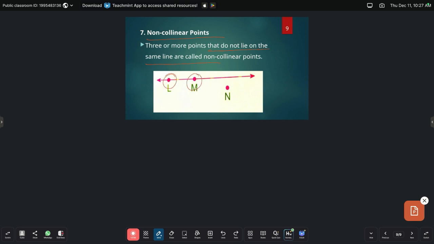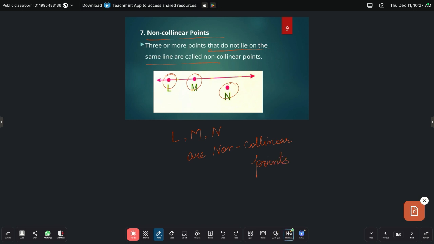Points L and M are on the same line, but N is not on that line. Can you see? Yes, N doesn't lie on the same line. So we can say that points L, M and N are non-collinear points. Got it, beta?